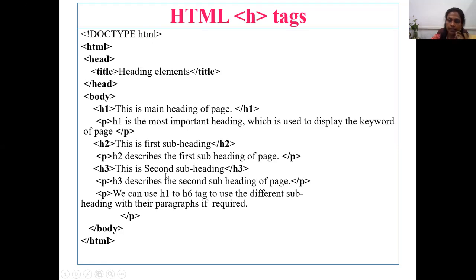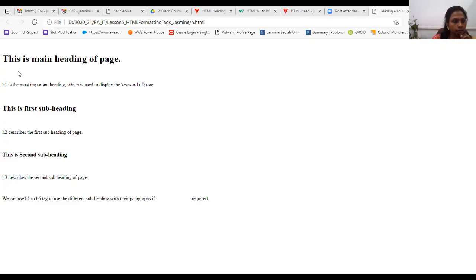If we execute this particular program, we will be able to understand the exact difference between these different types of tags. So we will execute this. I'm executing the program, and if we see here, this is the main heading of the page, which we had declared as the H1 tag.